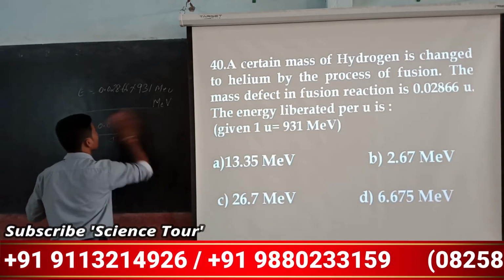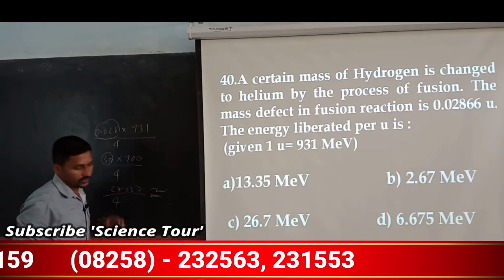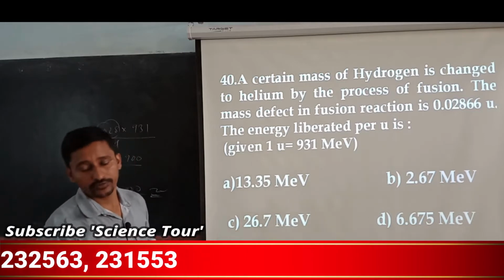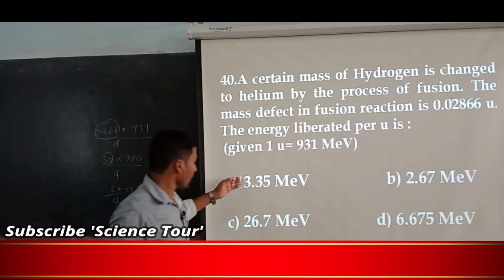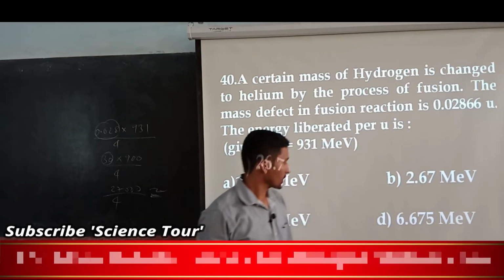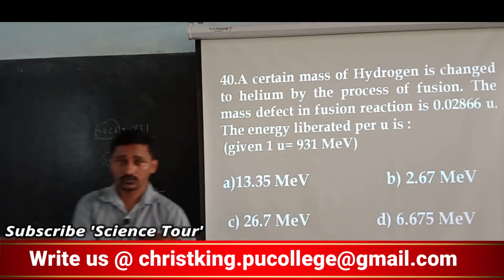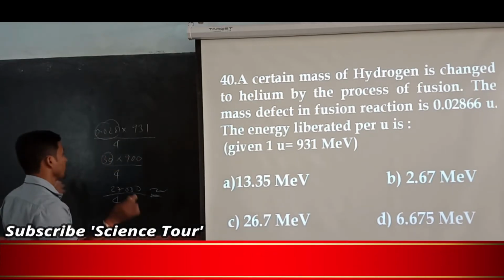So do this, okay. You can do approximation, but not every time. Here a large difference is there, and all are in MeV, so no need to worry about the powers now. Now MeV only you are going to get.